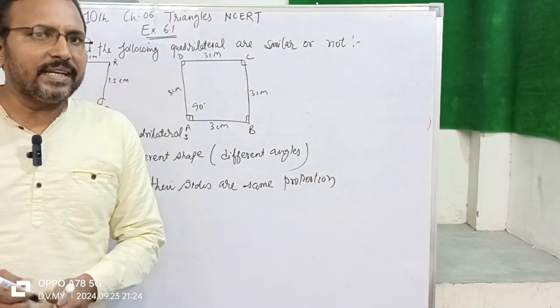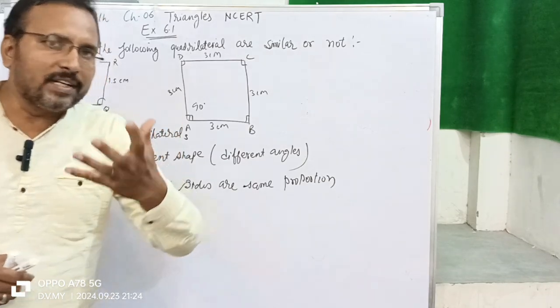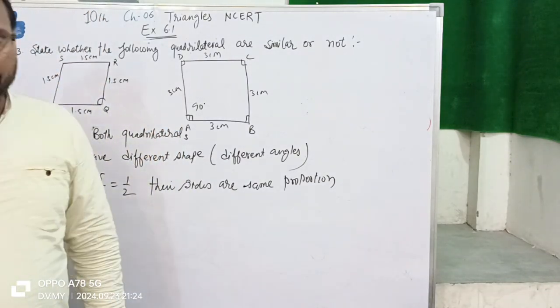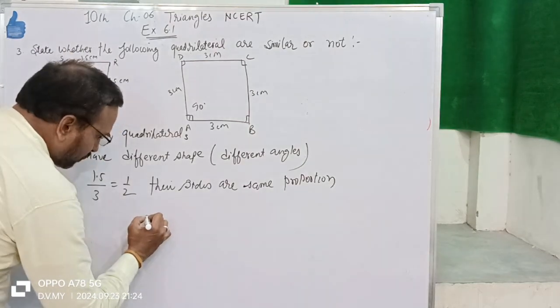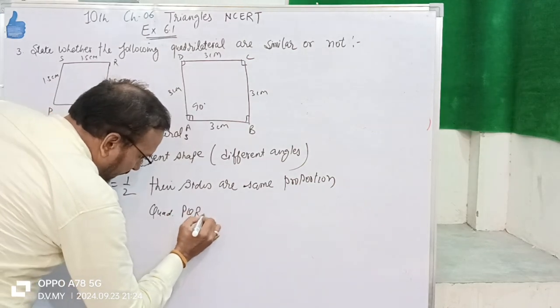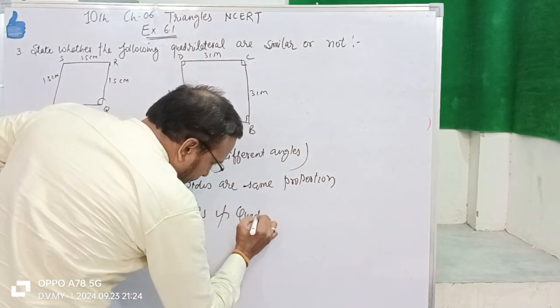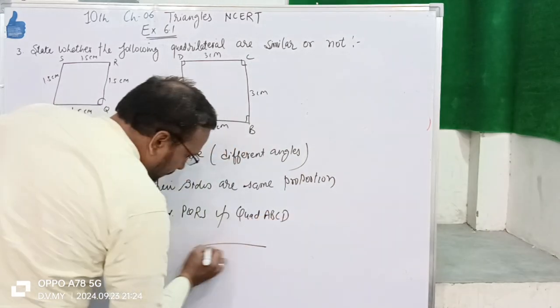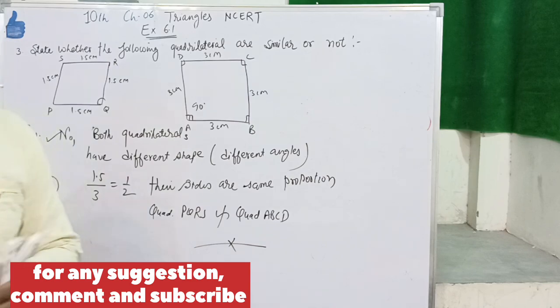So in that case, we can say both these quadrilaterals are not similar. So quadrilateral PQRS is not similar to ABCD. I hope you understand this.